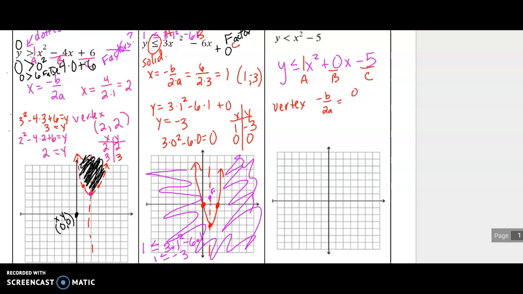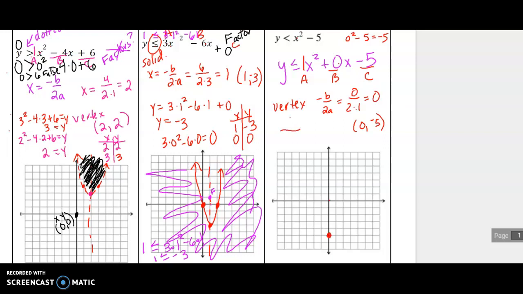So the opposite of b is still 0. 2 times a, and so 0 divided by 2 is still 0. Okay, so if I substitute, I get 0 squared minus 5, which is -5. So that's our y value. So that's our vertex. So 0 and then down 5.